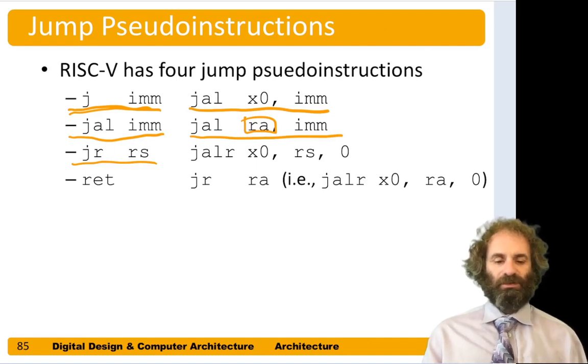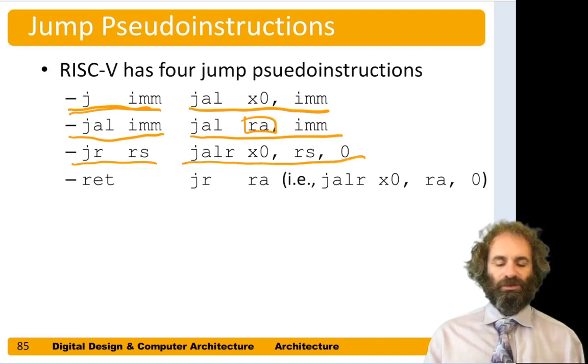In general, we might jump register to any source register, and that's equivalent to jump and link register x0, rs, 0. So that will put the return address in the 0 register, throw it away, and it will take the source rs, add 0.